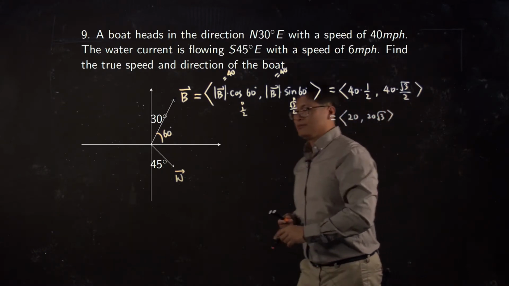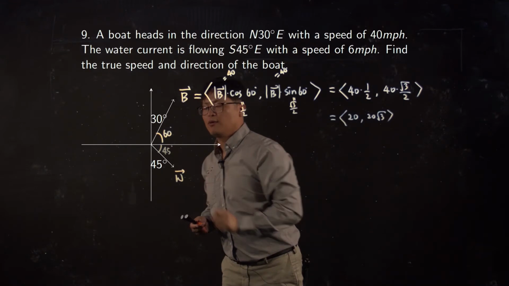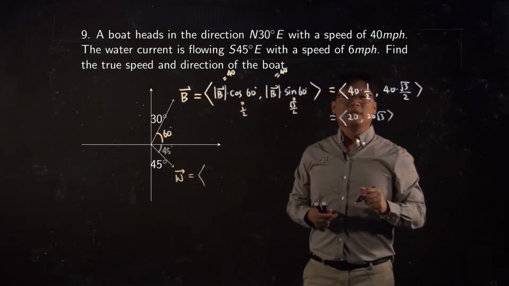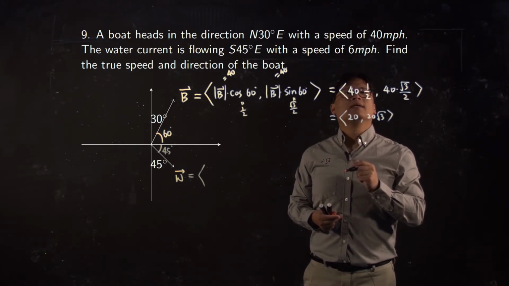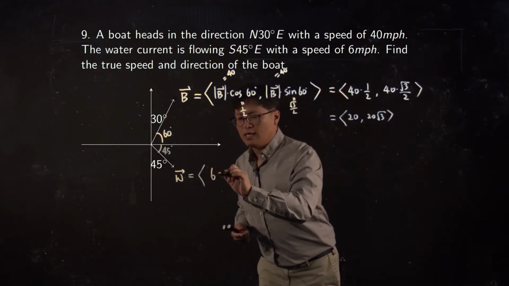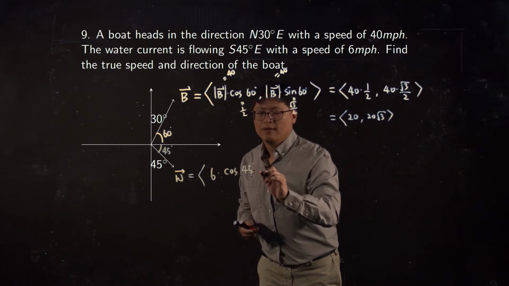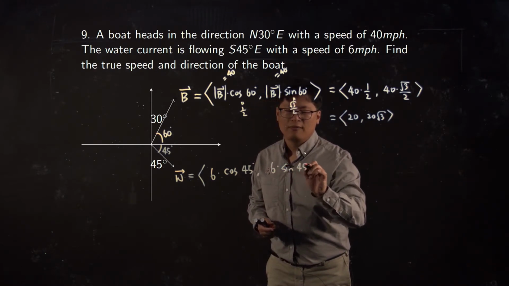What about the wind? The reference angle in this case is the same, which is 45. In the same way, since the speed of the wind is given as 6 miles per hour, it's 6 times cosine 45, and 6 times sine 45, okay?